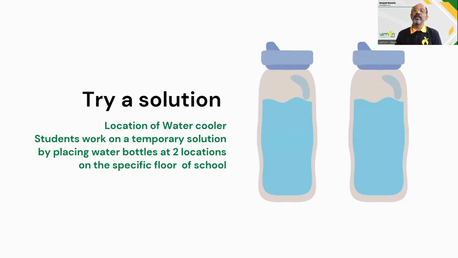They requested the principal to procure 10-15 water bottles for them. They decided to have these water bottles placed at two different locations on the specific floor where standard 6, 7 students were losing a lot of time, as probably a way to address this specific issue.